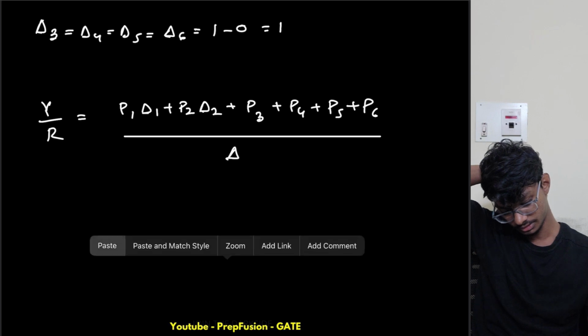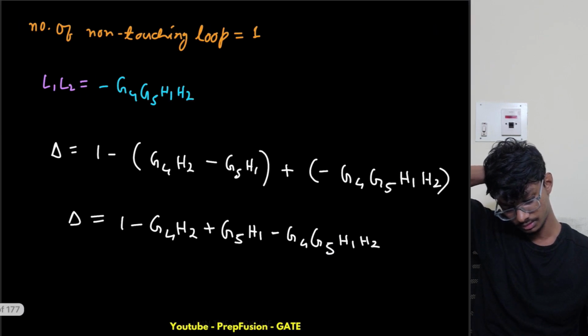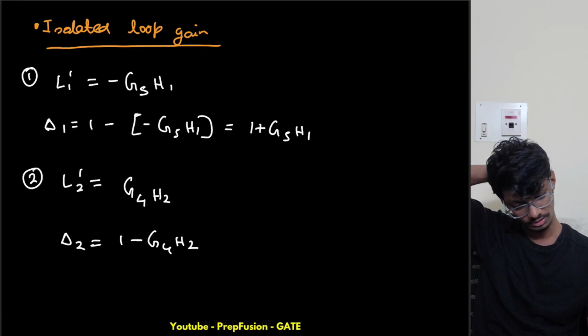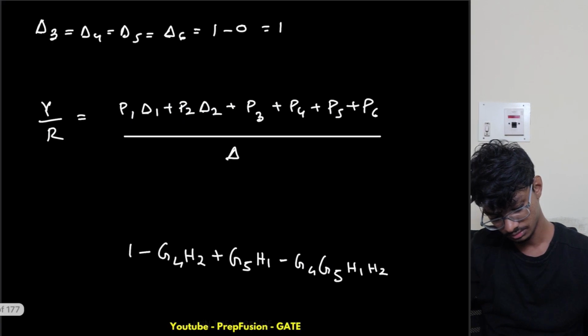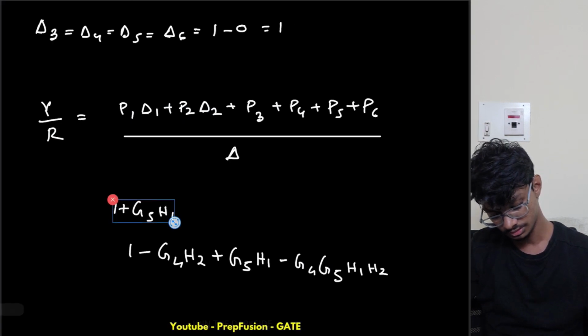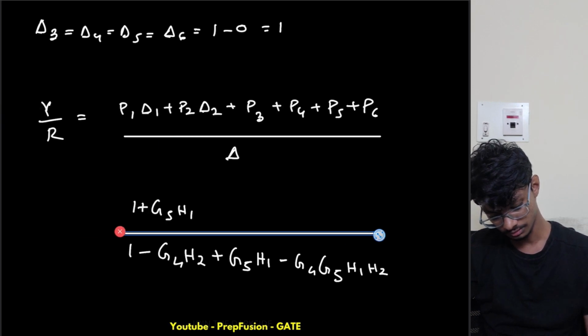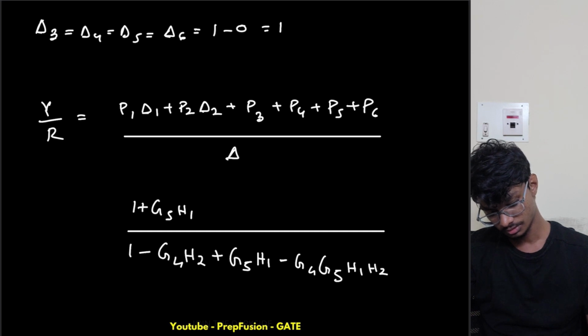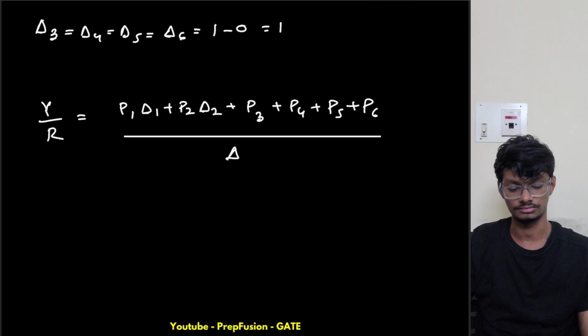And what is P1 and delta 1? I hope you can solve all these things. Solving this is your duty. This video has already gone very long, so I will not write this out, because it will again take time.